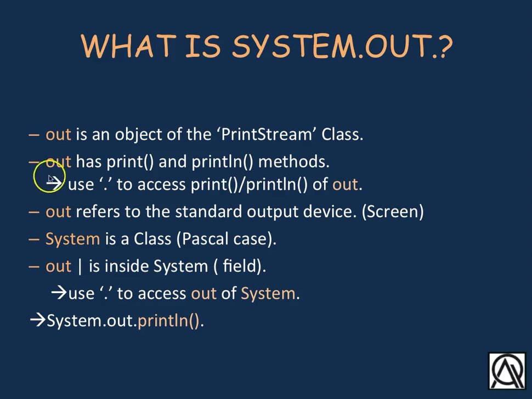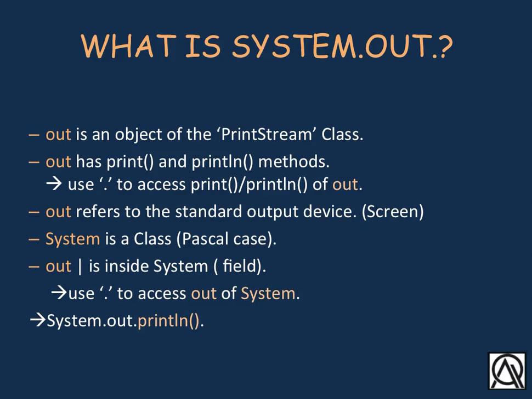So if I want to have access to print and println methods, I say out dot the name of the method. Now this object refers to the standard output device, which is the screen. This is why when we use print or println method, we see something is going to be printed on console window.